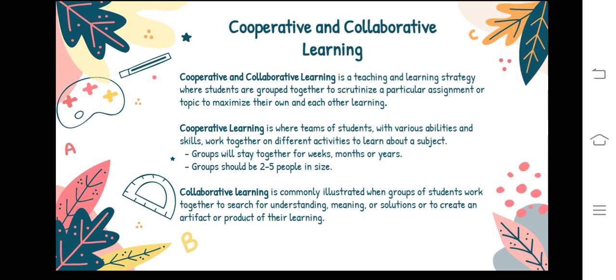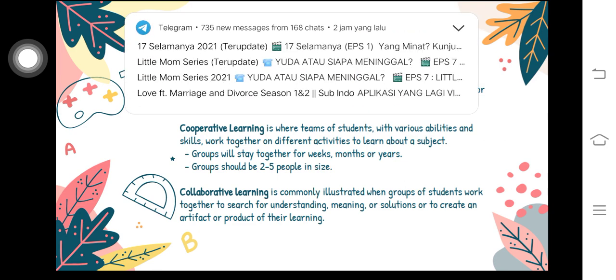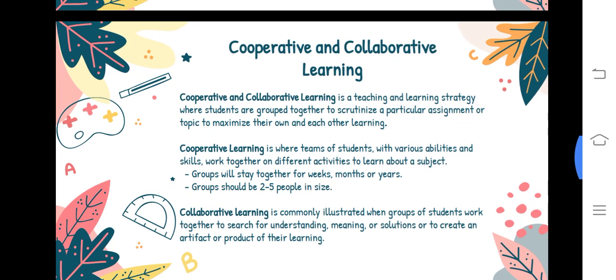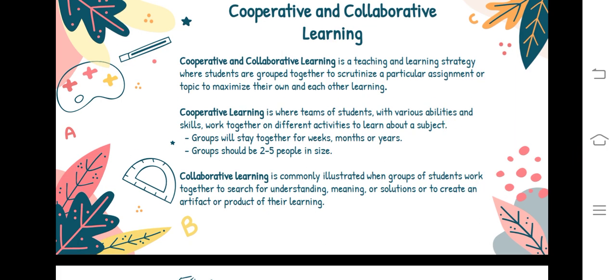The first is groups will stay together for weeks, months, or years, and group size should be two until five people. Actually, these 2 points are the requirements of cooperative learning. And then the last point: collaborative learning is commonly illustrated when groups of students work together to search for understanding, meaning, or solution, or to create an artifact or product of their learning.